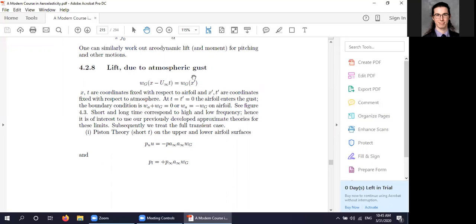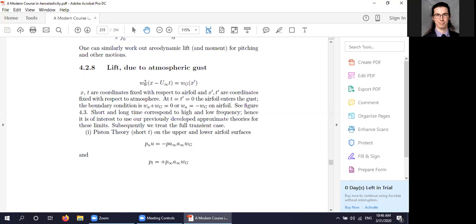If I want to compute the aerodynamic pressures, the lift, the moment, whatever due to a gust, there's a vertical gust velocity, which is really mathematically roughly the counterpart of having an h dot term where I move the airfoil up and down in translation. So h dot and w_g to an aerodynamicist look pretty much the same. And they are mathematically virtually the same.